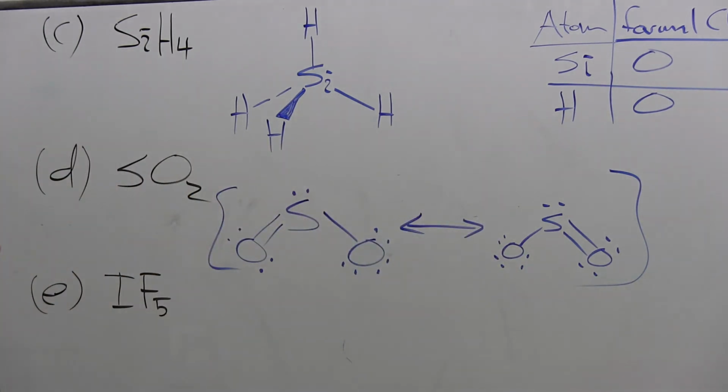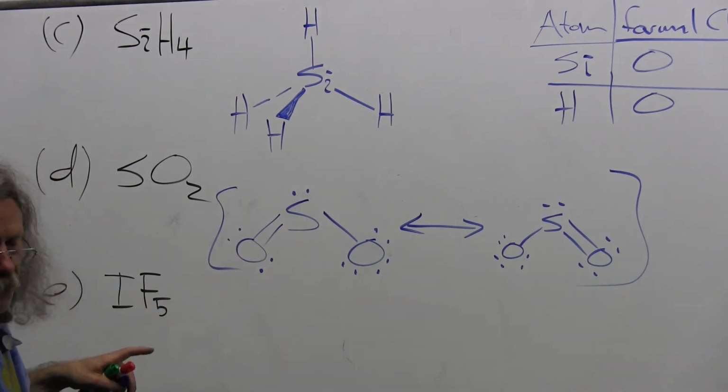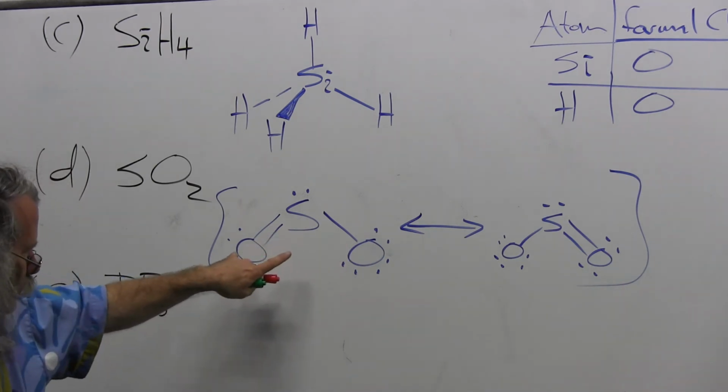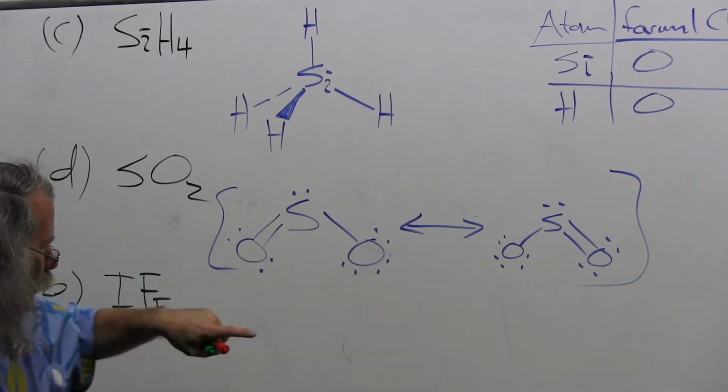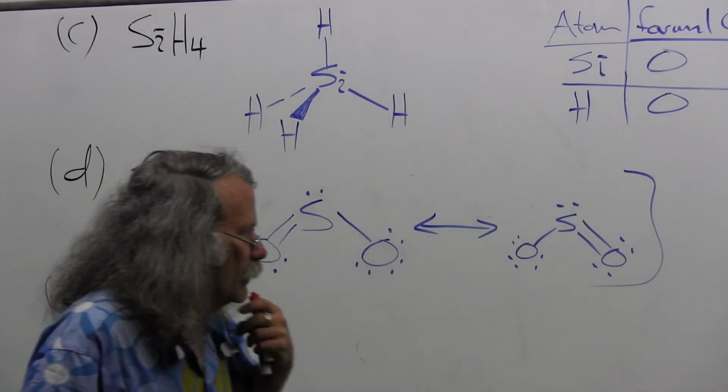Close the brackets. Now I can assign the formal charge, but I have to now be able to unambiguously discuss the single bonded oxygen and the double bonded oxygen, which are distinct from each other, and they're going to have different formal charges.